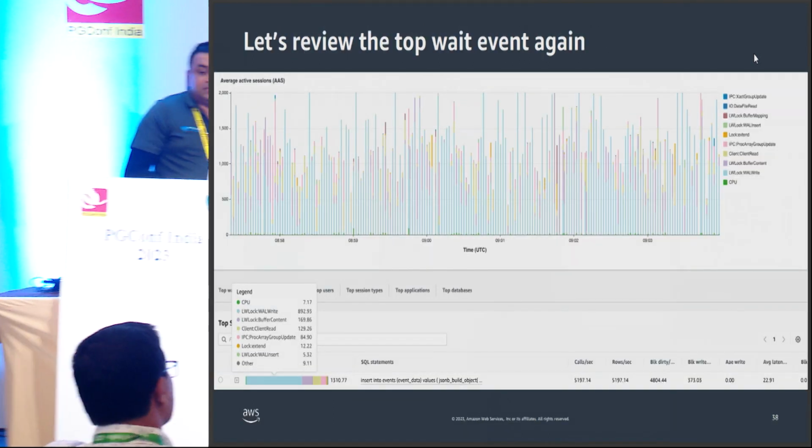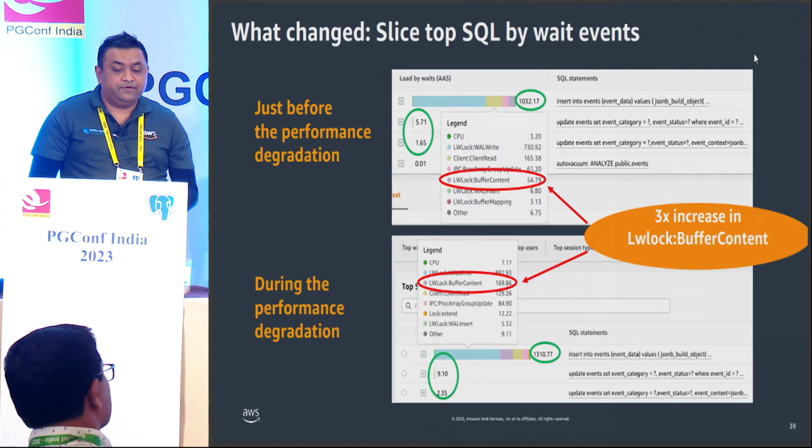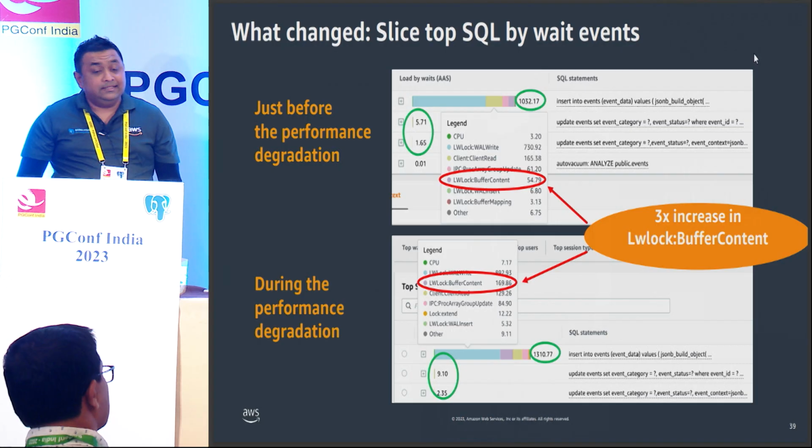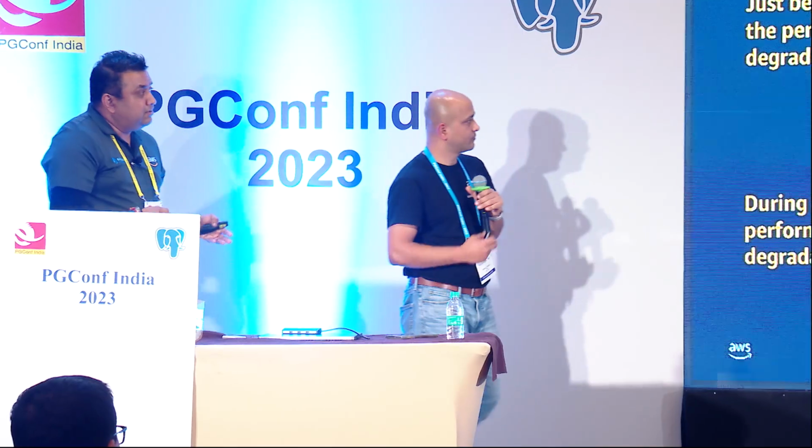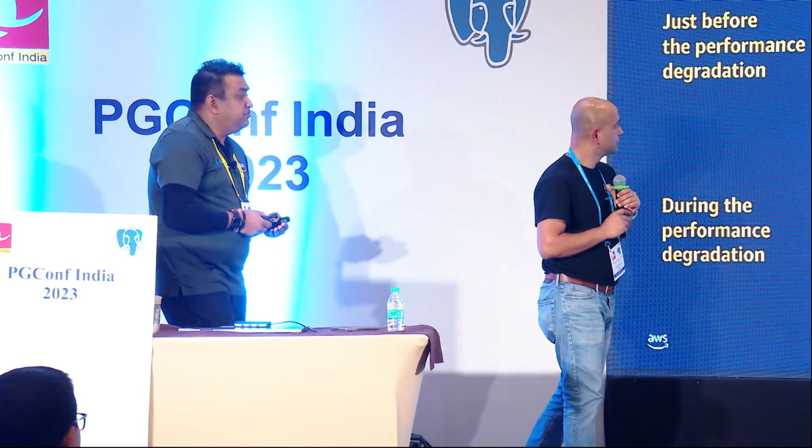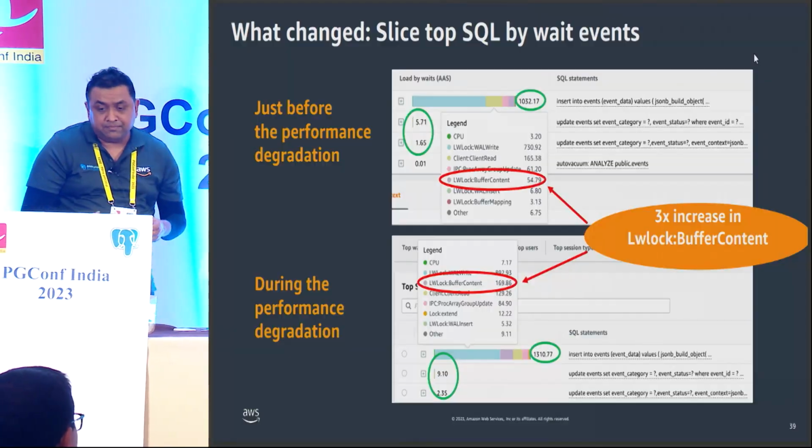Well, when we slice the top SQLs by wait event, we see that the insert was waiting more on the lightweight lock for buffer content. And if you look closer, you'll see that the insert is now also waiting on the lock extend wait type, which did not happen earlier. So if you look at before the event and during the degradation, there's a new wait type that's been introduced during this time as well.